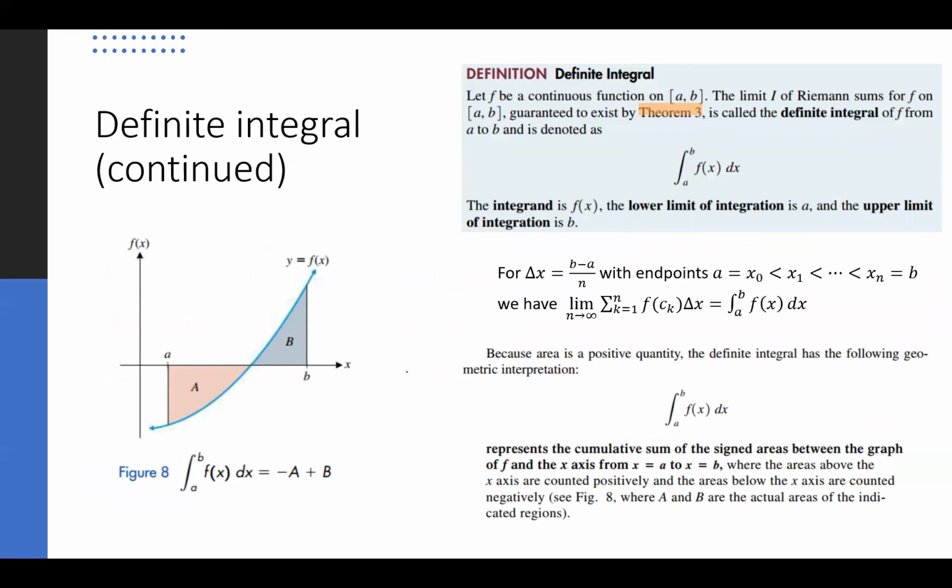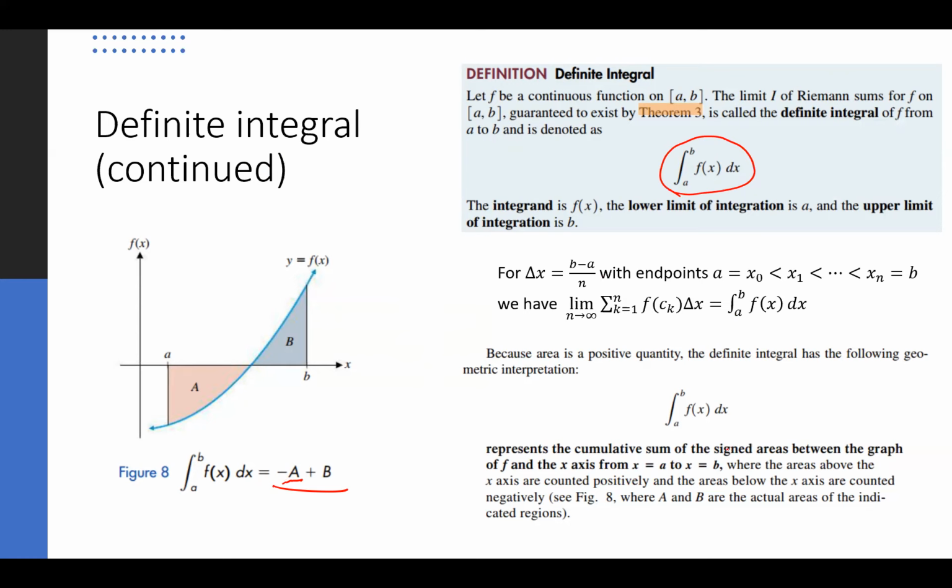Okay, the last point about the definite integral is that it has a geometric interpretation. The correspondence of this expression, graphically, can be expressed as the sum of negative a plus b. Why is it negative? That's because we have the directionality of the area as well.